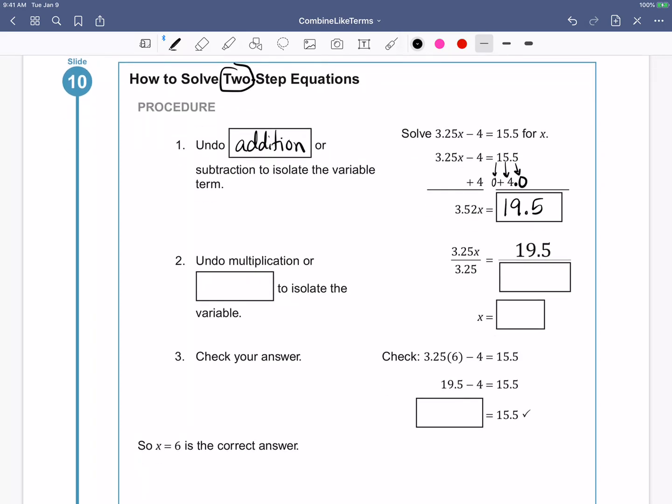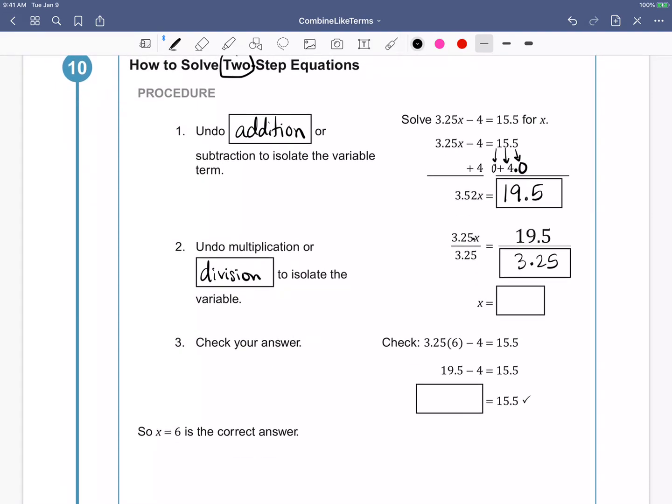Now, undo your multiplication or division to isolate the variable. So in this case, I have my 3.25x, that's multiplication, so I'm going to end up dividing, right? Once I do that, plug it into your calculator, it's going to give me 6.